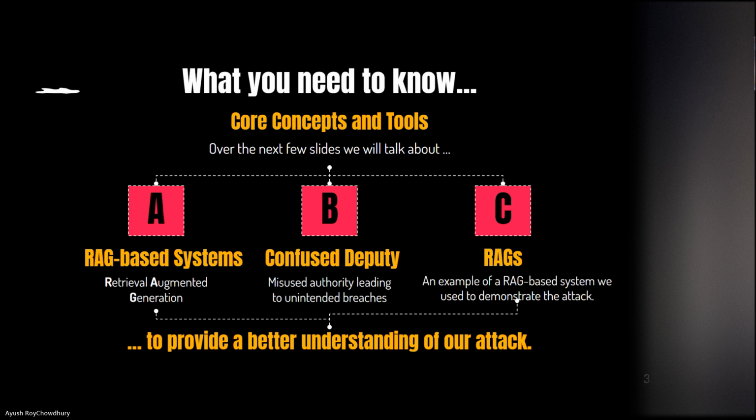The confused deputy problem, which is essentially misused authority leading to unintended breaches, and a sample of an attack that will be used to demonstrate what exactly can go wrong within the RAG architecture and how that might affect your systems downstream, with some headlines that have been in the news lately.